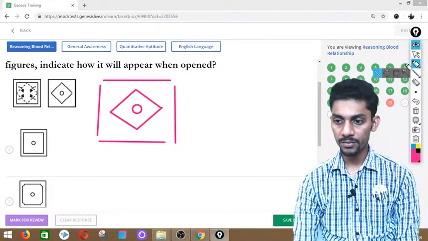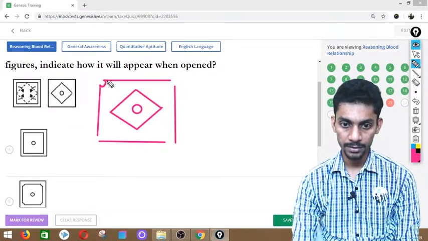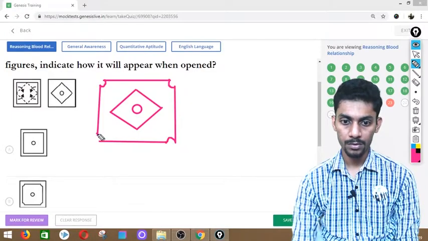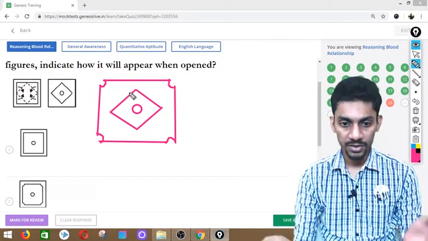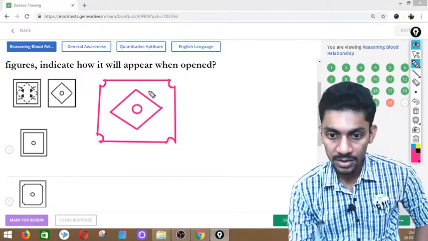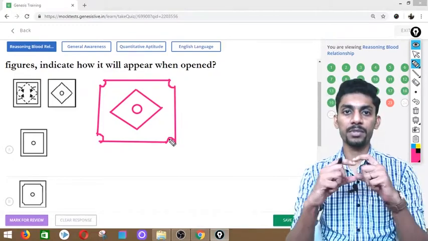Since it was a circle inside, you will have these small lines. Because it was folded in, the circle was formed. When you fold out, these are all small circles. When you join this circle plus this circle, this circle, and this circle, this becomes a circle again.